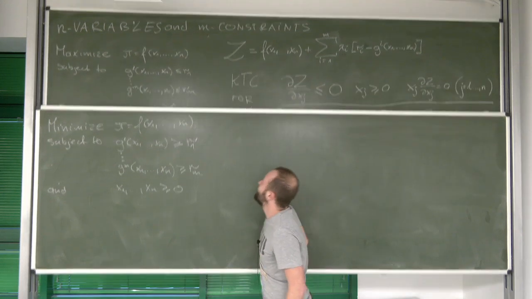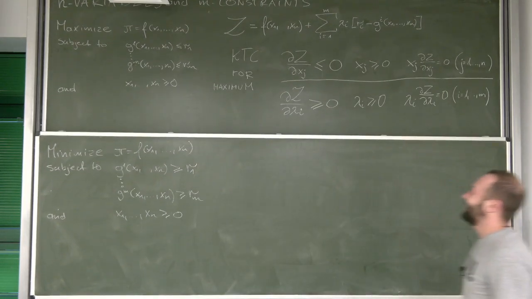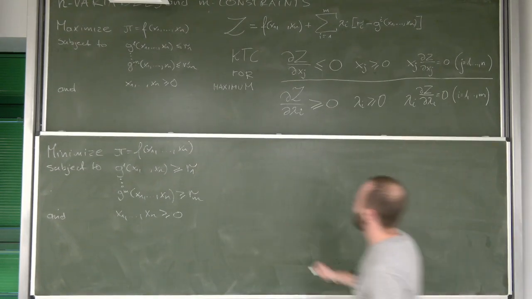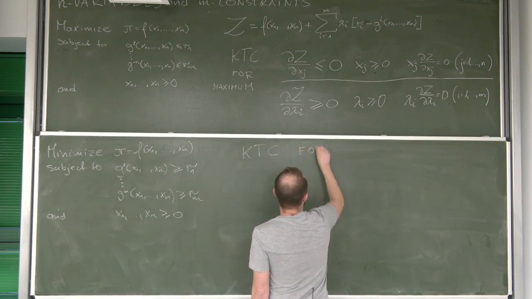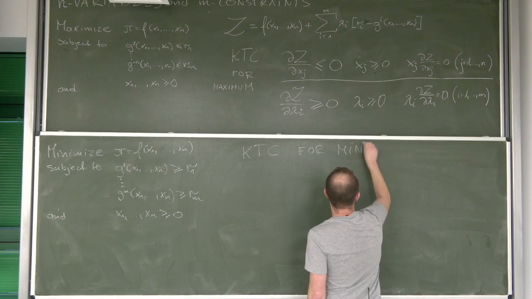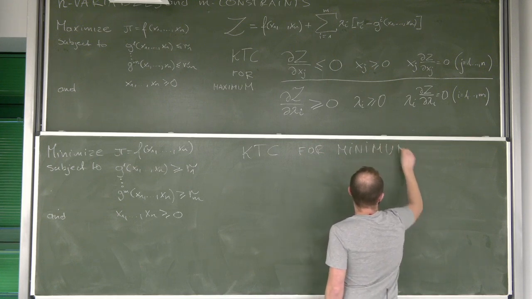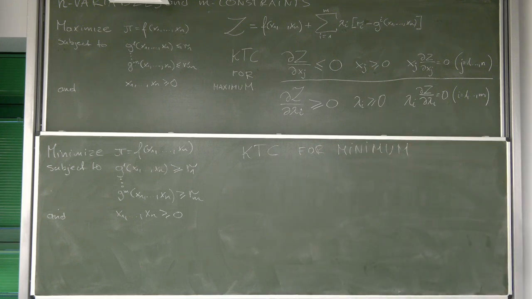So at this moment, we are ready to define the Kuhn-Tucker conditions for minimum. Okay, now we need to make two small changes over here, and they're very small.